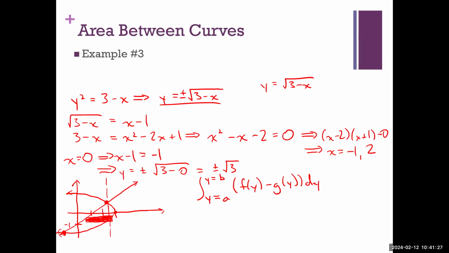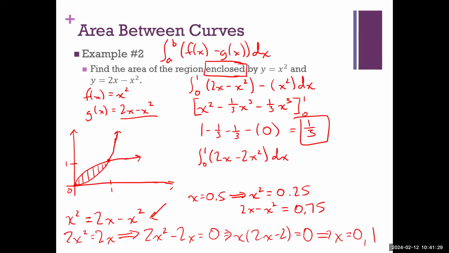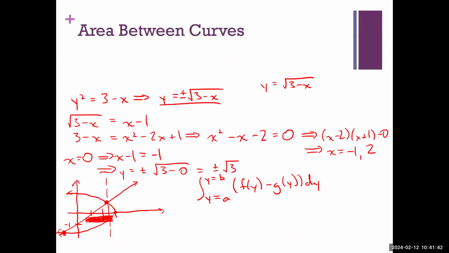So the question we asked for the last couple examples is, which curve is on top, or what's the upper curve? Let's generalize that a little bit. Let's get away from saying which one is the upper curve and say which one is the greater curve. When you're looking at y values, greater values are above lesser values, right? If you're looking horizontally, where are the greater values going to be? To the right.